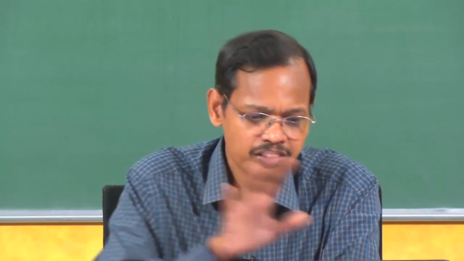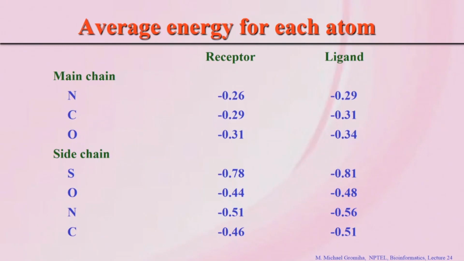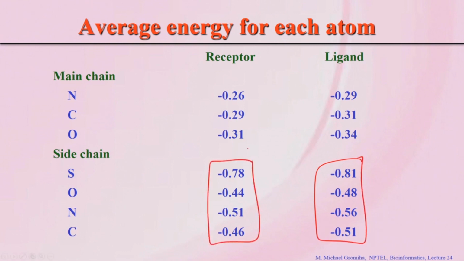So in this case we can see the contribution from the main chain atoms and the side chain atoms, and we compare the values. You can see side chain values are at least twice that of the main chain atoms, both in the case of protein 1 or protein 2. Here I define ligand as the smaller portion of this complex and the receptor as the bigger part of this complex.